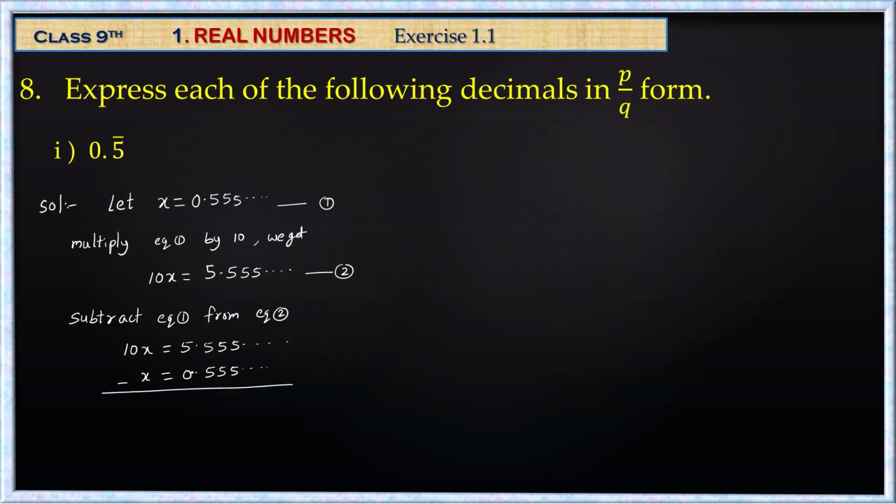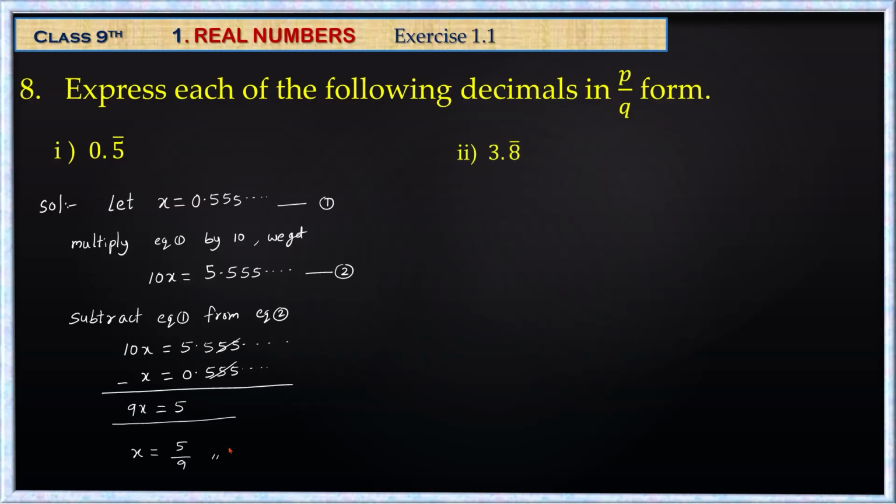Now by subtracting here, the decimal part will be cancelled. 10x minus x is equal to 9x, 5 minus 0 is 5, 9x is equal to 5. So 9x is equal to 5 means x is equal to 5 by 9. This is the answer.